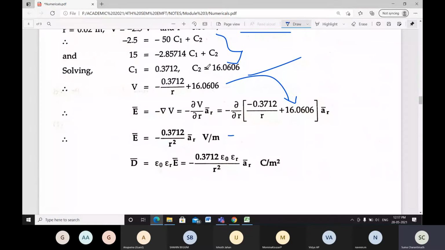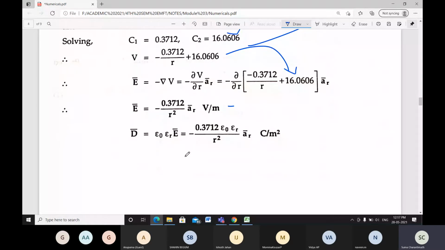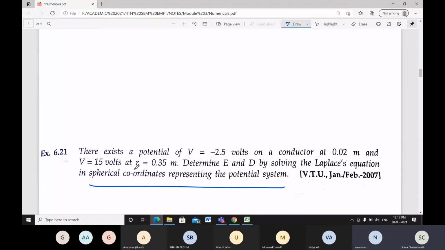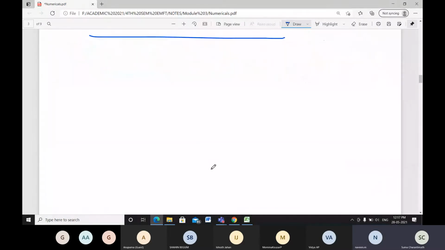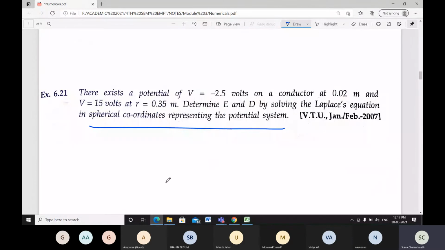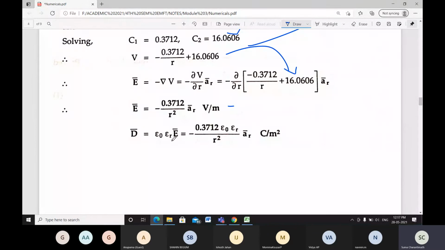Then for our electric flux density, D is going to be epsilon naught epsilon R into E. Then you substitute here. They didn't mention what the medium is. If they have given any medium constant, then you can proceed with that. If they have not given it, you just write it as epsilon naught epsilon R into E. You substitute and you can stop there only.